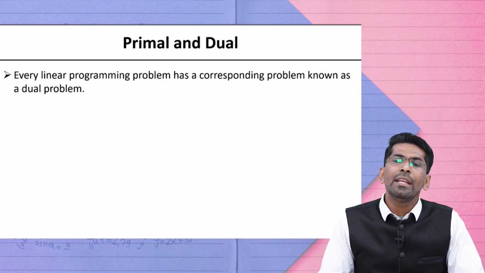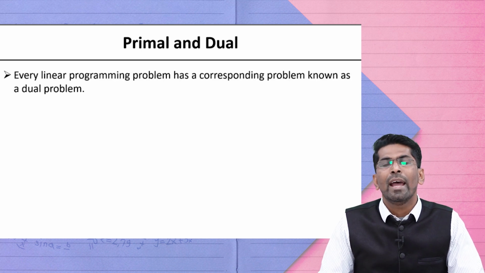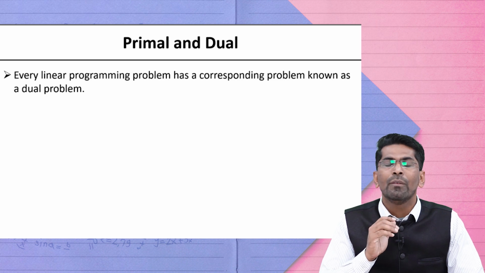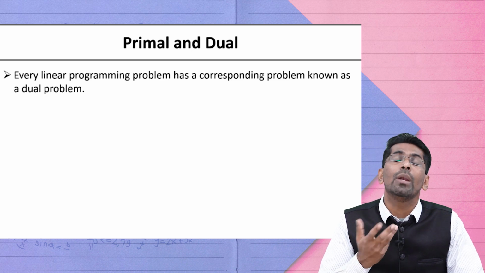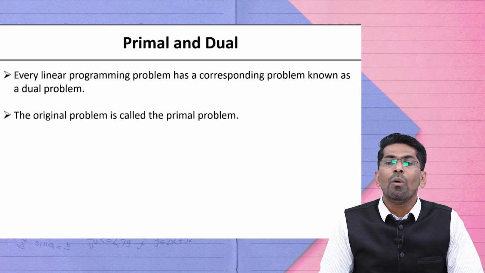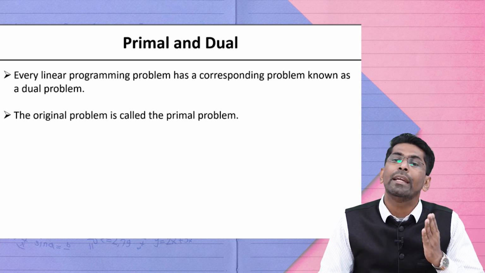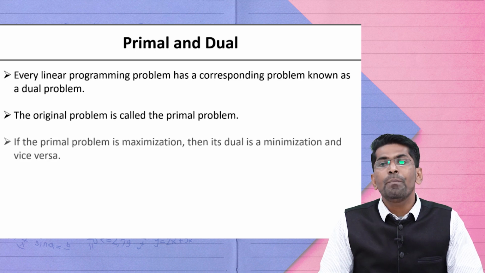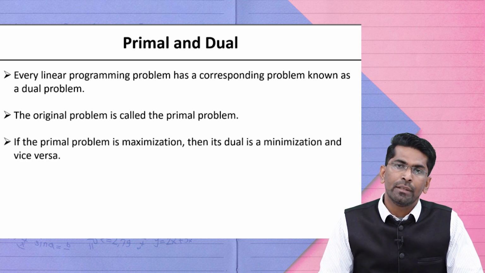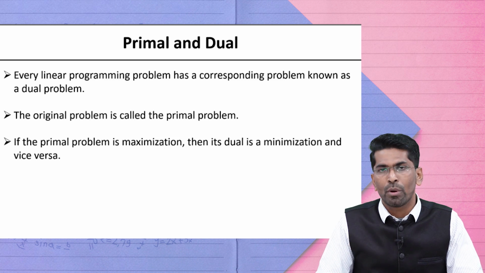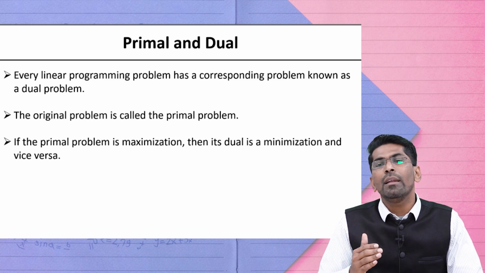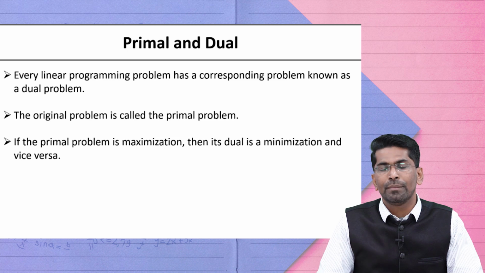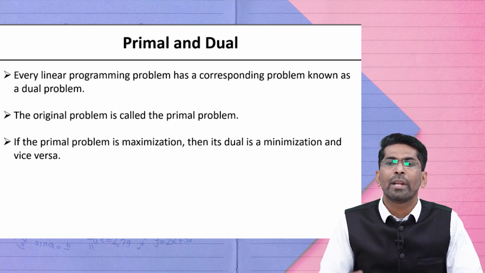Every linear programming problem has a corresponding problem which is popularly known as its dual problem. The given original problem, whether it is maximization or minimization, is generally called the primal problem. If the original problem is maximization, for example maximization of profit, then its dual is minimization, that is, minimization of cost sometimes.